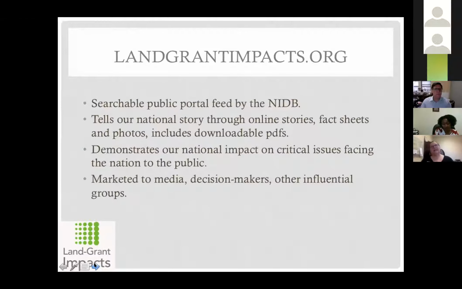The second site is landgrantimpacts.org, and that is the public portal that pushes the information from the database out to the public. It's a searchable public portal. It tells our national story through online stories, fact sheets, photos, and includes downloadable PDFs that you can download and use in your efforts.